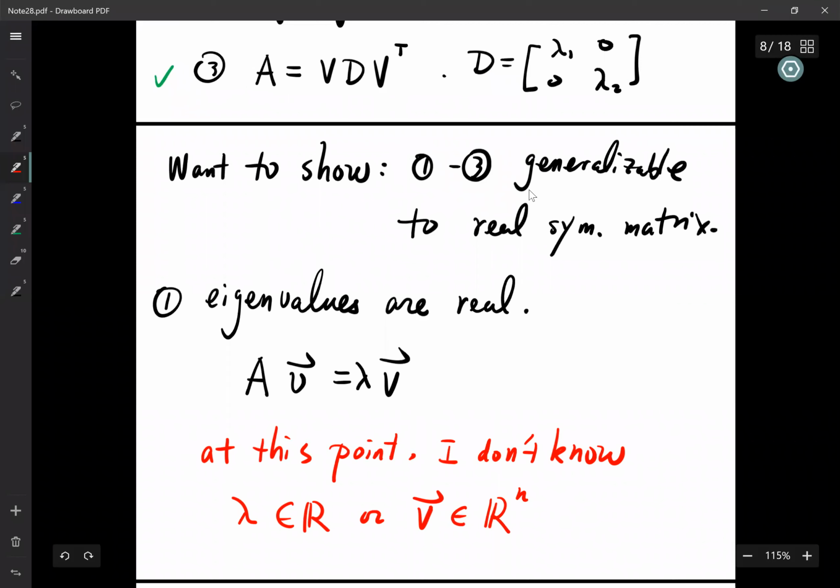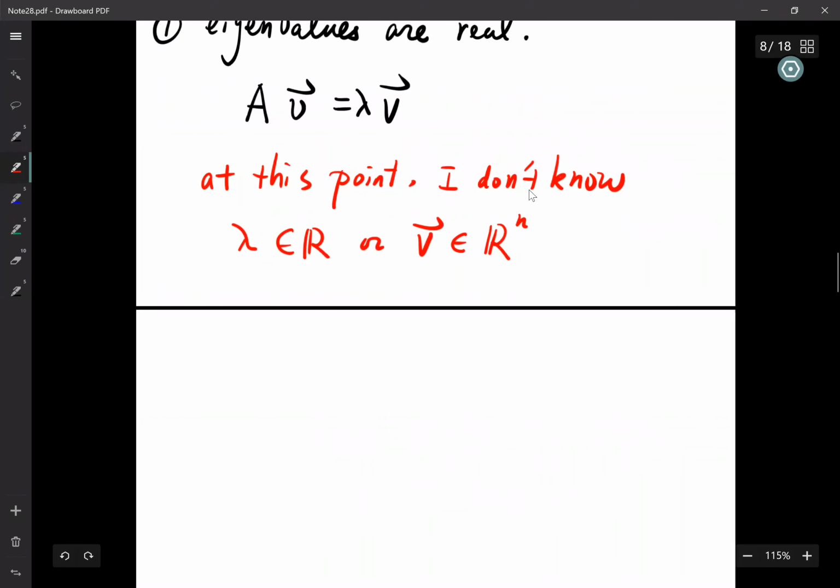But I do know that they exist, so I assume, without loss of generality, lambda is a complex number and v is a complex vector.